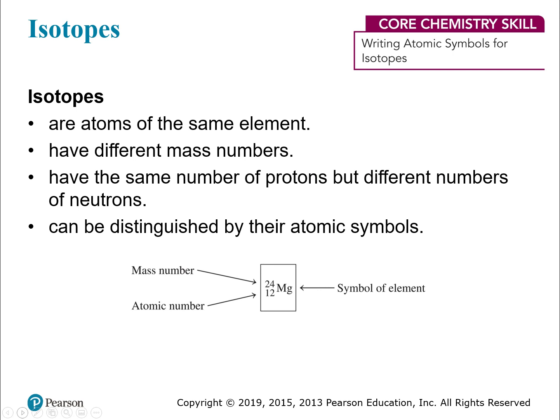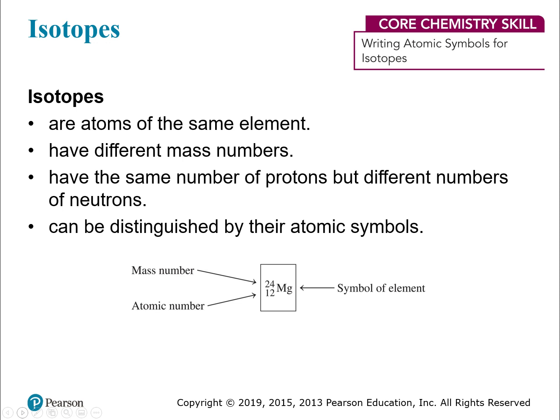So isotopes are atoms of the same element with different mass numbers. They have the same number of protons, but a different number of neutrons. When you write their atomic symbol, you can distinguish among them. So right here we have the atomic symbol for magnesium, which is Mg.